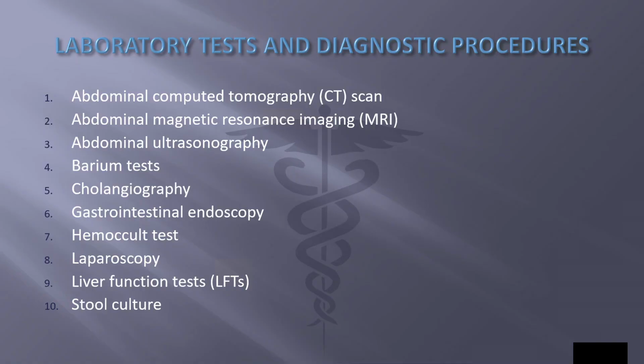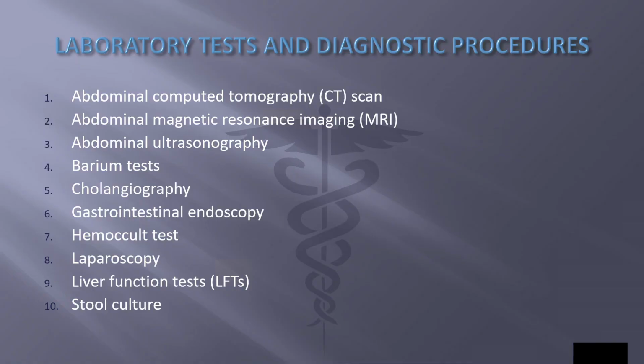Cholangiography, X-ray examination of the bile ducts after the injection of contrast material through the liver, percutaneous transhepatic cholangiography, or through a catheter, a flexible tubular instrument from the mouth, esophagus, and stomach into the bile ducts, endoscopic retrograde cholangiopancreatography, or ERCP.